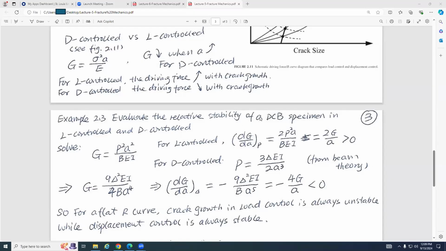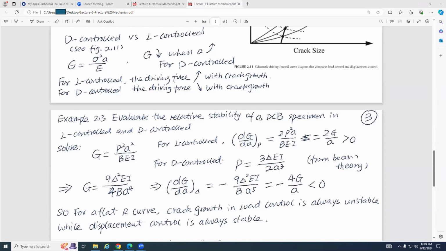For load control, G equals P squared A squared over B E I. So this is how we get G for this double cantilever beam.